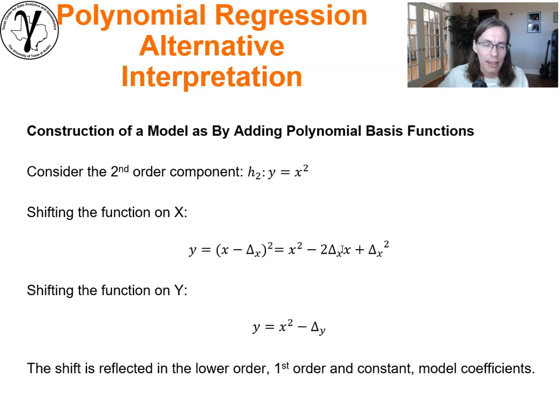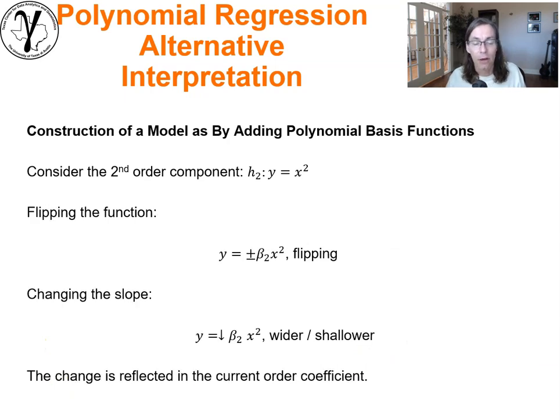That's kind of cool. That gets kind of tucked in with what's going on with the linear component and the constant component. If you shift in y, that shift in y is just going to be in addition to the constant term. You see this? There's no x's here. So we can actually talk about shifts in x and y just being related to changes in the coefficients of the lower order terms and the constant term. That's pretty cool. So far so good.